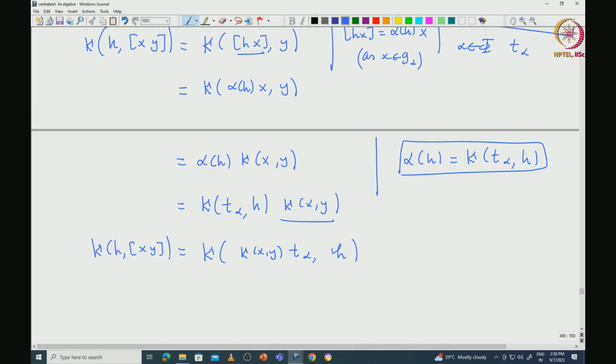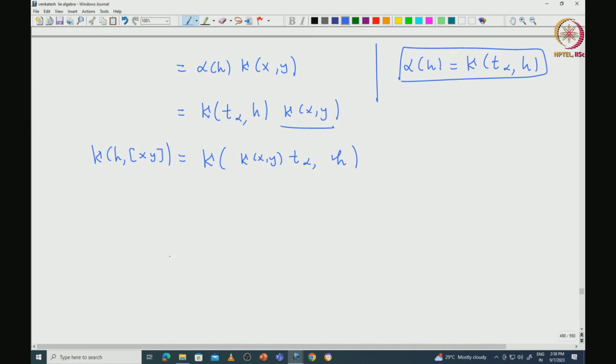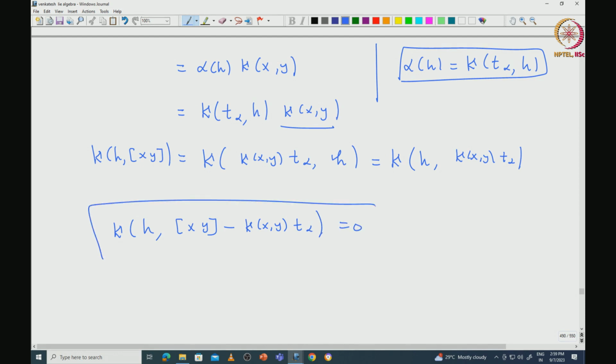Since the Killing form is symmetric, this can be rewritten as kappa of h comma kappa of x comma y t alpha. So, you can take the difference between these two elements, bracket x y minus kappa of x comma y t alpha, and that must be 0, and this is true for any h in h.